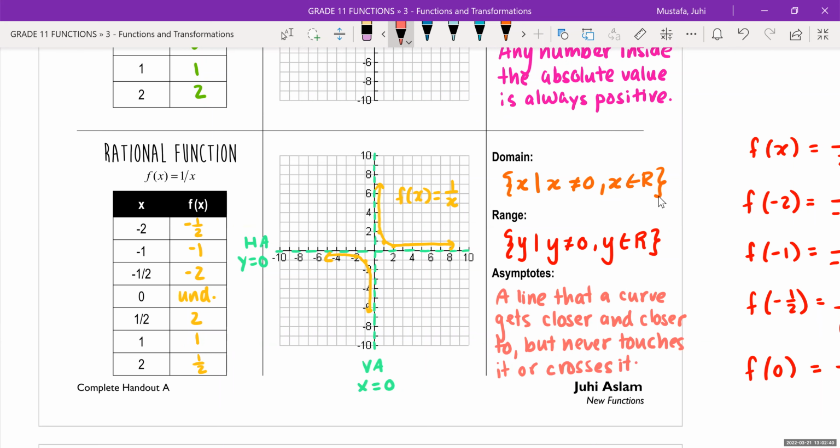For now, this is our definition. Yes, dashed lines.